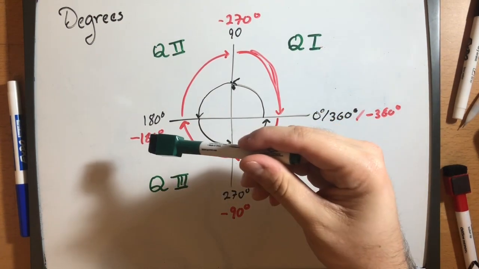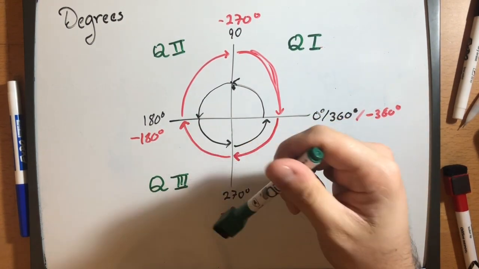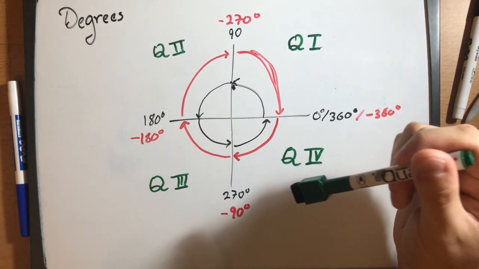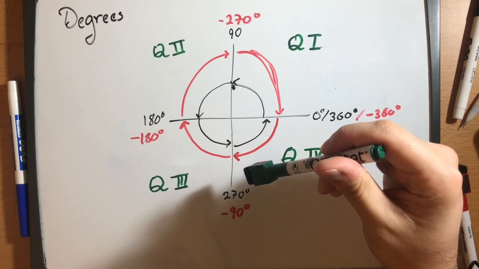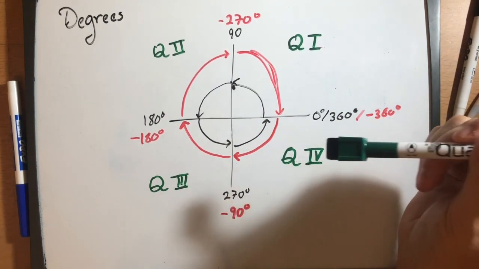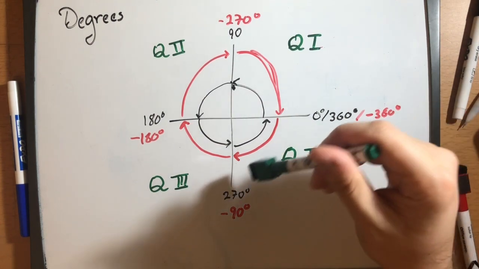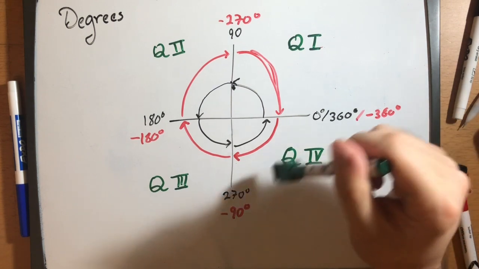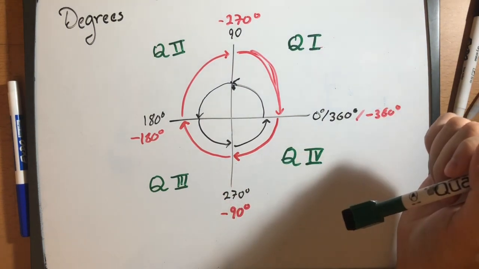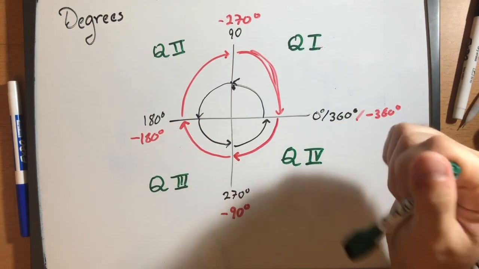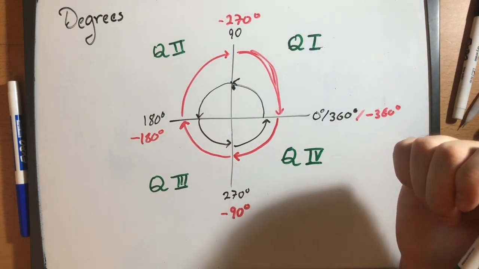Moving clockwise, it would be negative 90 to negative 180. And finally, if the angle is between 270 and 360, it would be in the fourth quadrant. Or moving clockwise, if the angle is between 0 and negative 90, the terminal side would be in the fourth quadrant.